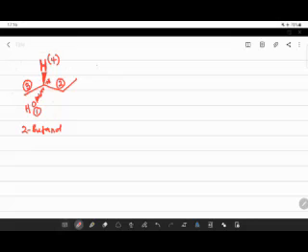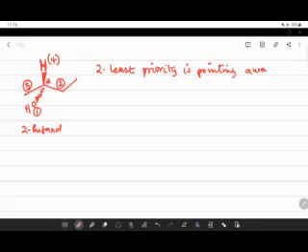Now the next guideline says that we arrange the molecules so that the lowest priority, the least priority, is pointing away from you.